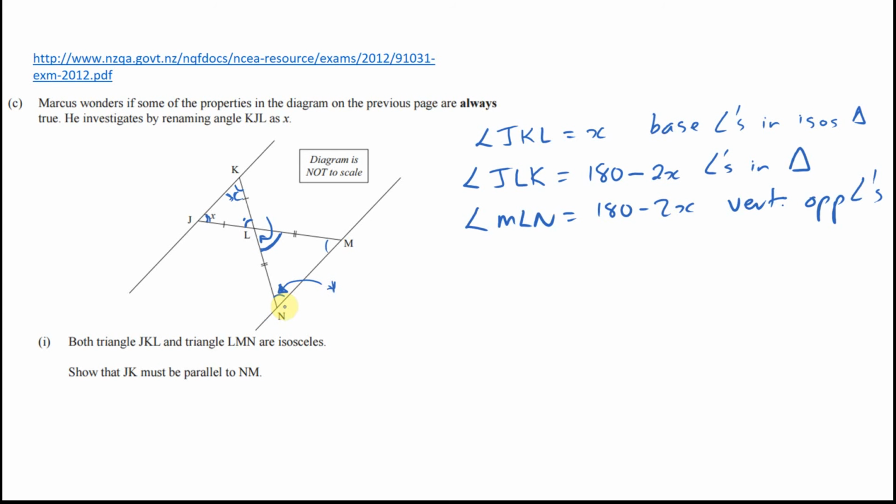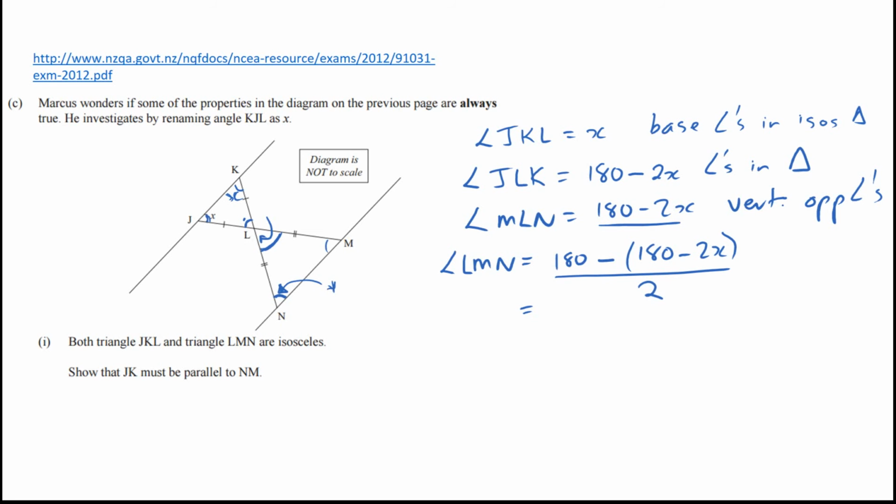The one that I've asterisked is angle LNM. LMN is equal to 180 minus, I'm just going to use brackets here, minus this angle, which was this one here, and divided by 2. So we're just finding one of those single base angles there.